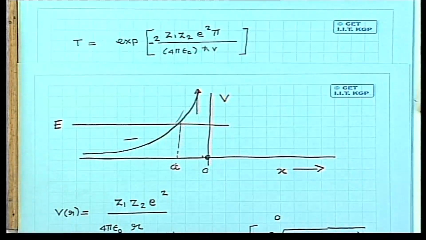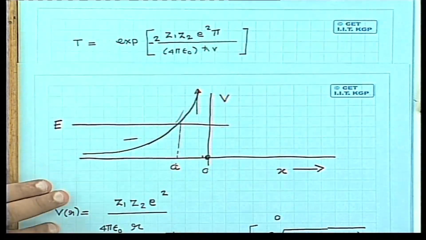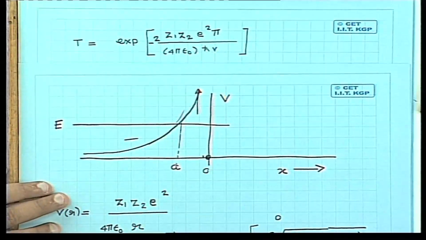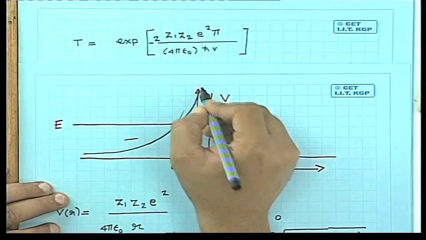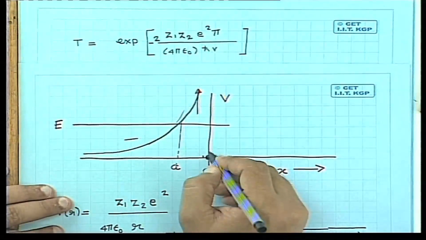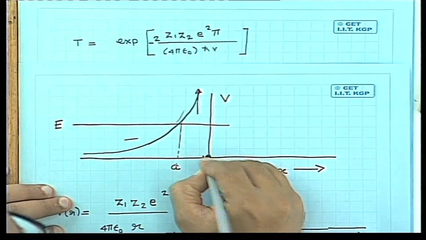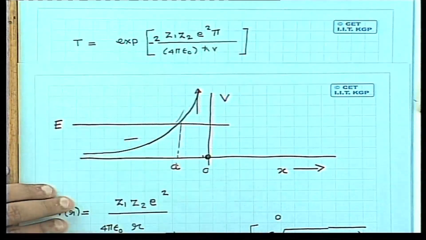Okay. So this tells us the effect of the electrostatic potential on the nuclear reaction. So what is the situation? I have a nuclei here and I am bombarding, let us say, an alpha particle.